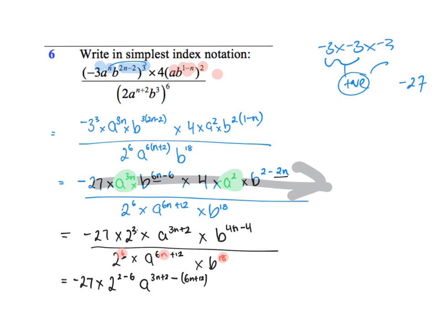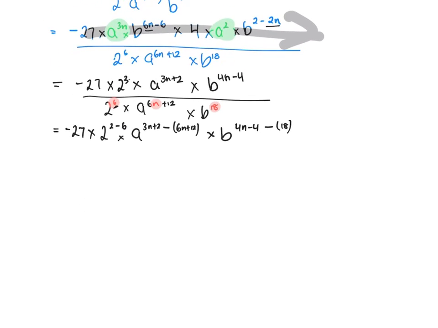Yeah? And then I've got times the b, up the top I've got 4n minus 4, and I'm going to minus 18. Okay? Sorry, we're going to move this up. See how it does get a little messy, doesn't it? So I'm just changing pens so you guys don't get lost.